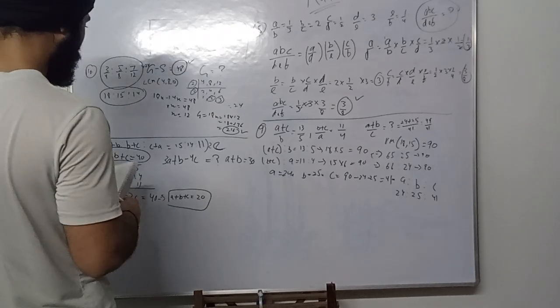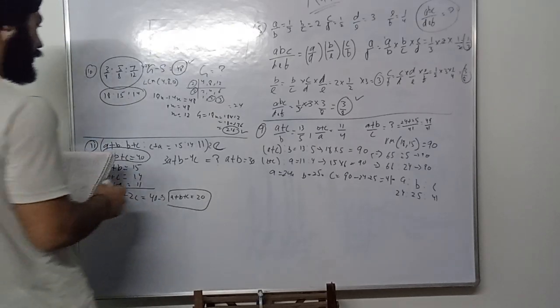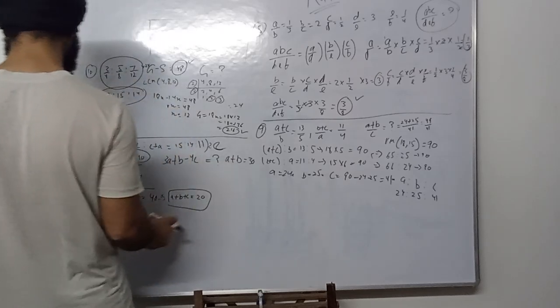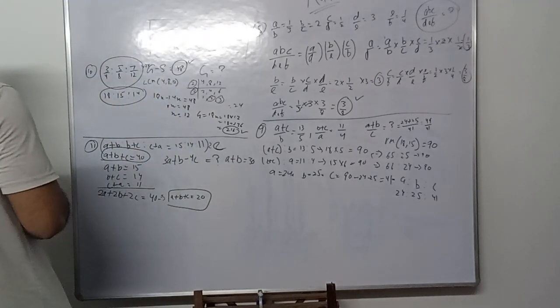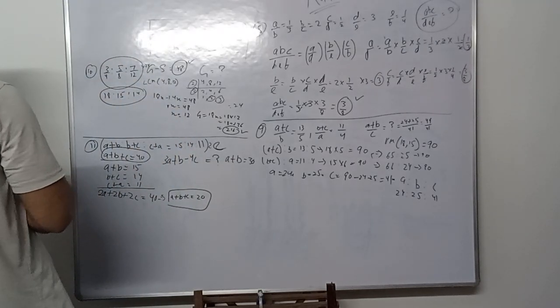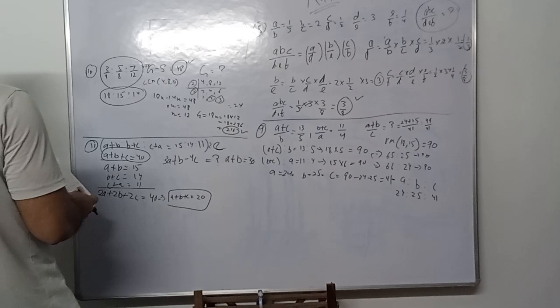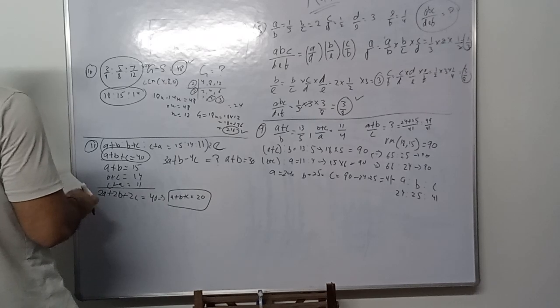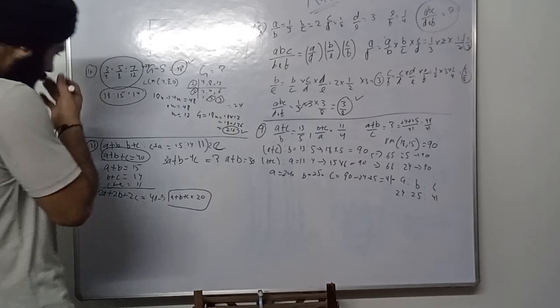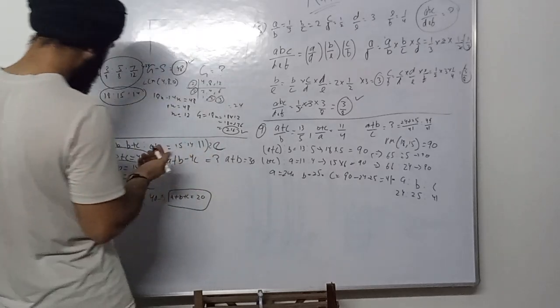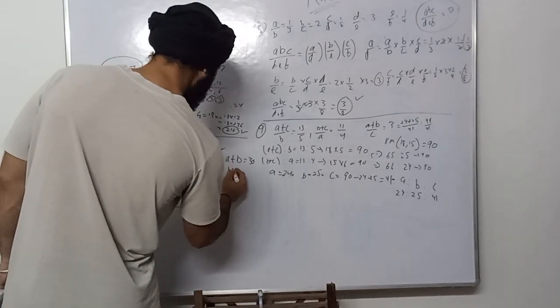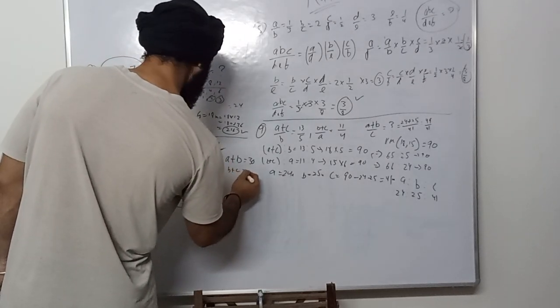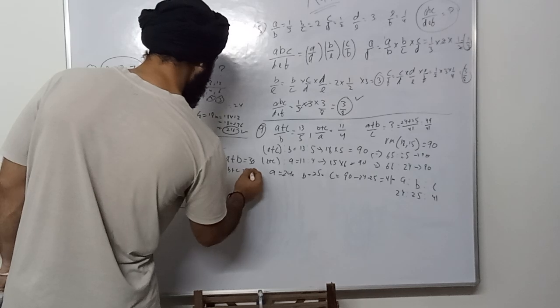Now we need to find the A ratio, B ratio, C ratio. So how will we find them? Simple. A plus B is this. B plus C will be 28.